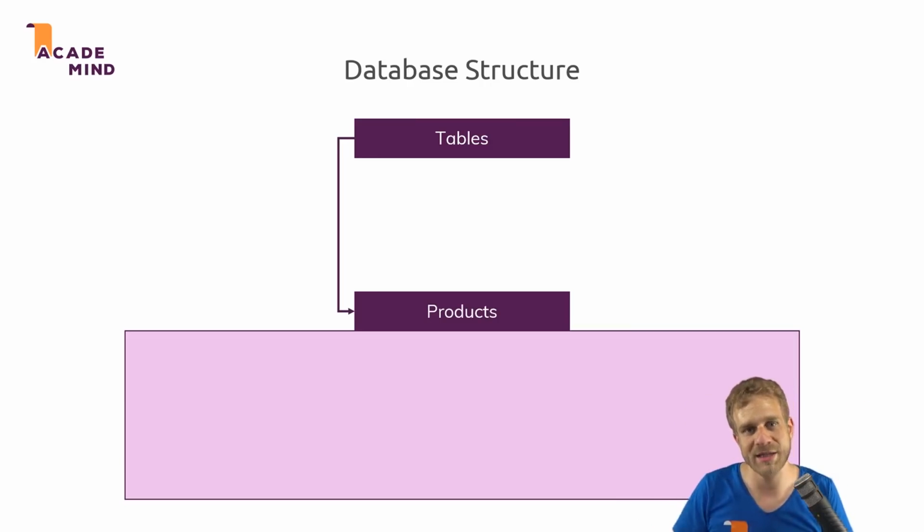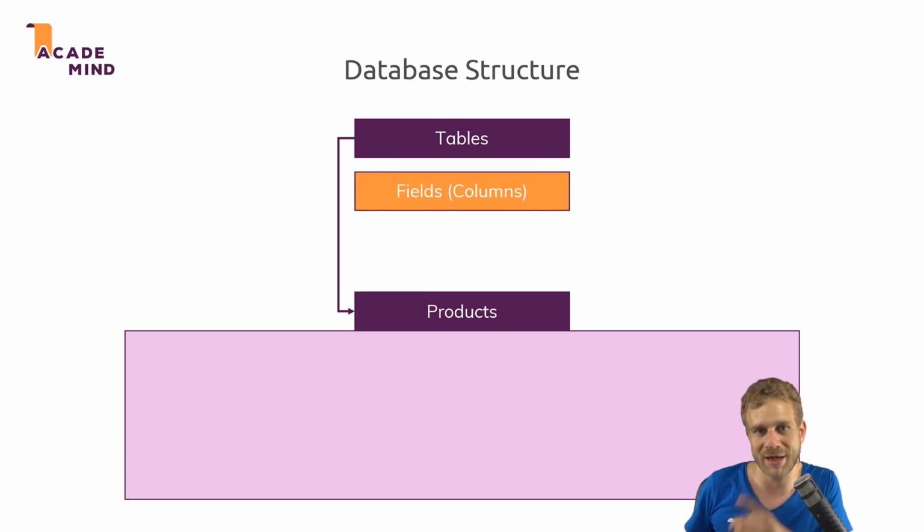Now, in a SQL world, where we query data with SQL, we will have very strict requirements for the data we store in our database tables. To be precise, we have a clear schema of which data can go into a table. And this schema is defined by so-called fields.